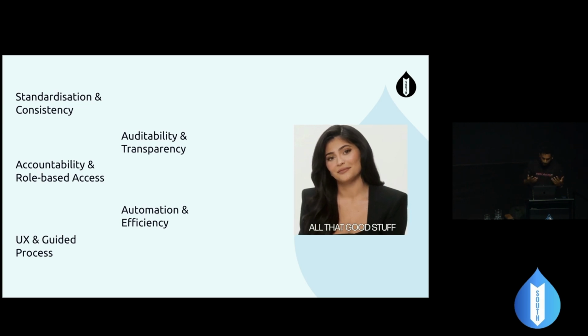With a workflow, you can set up role-based access controls, and it helps stop Bob from marketing from approving a legal contract. Auditability and transparency. When we use workflows, we choose to log all the different actions that take place. This allows for better auditing and avoiding blame when things go wrong.